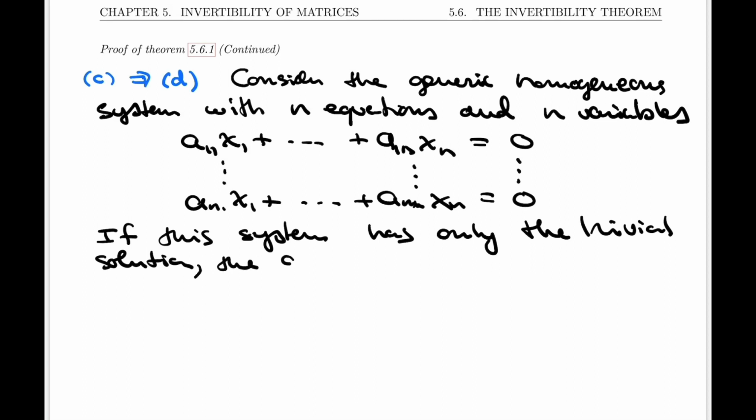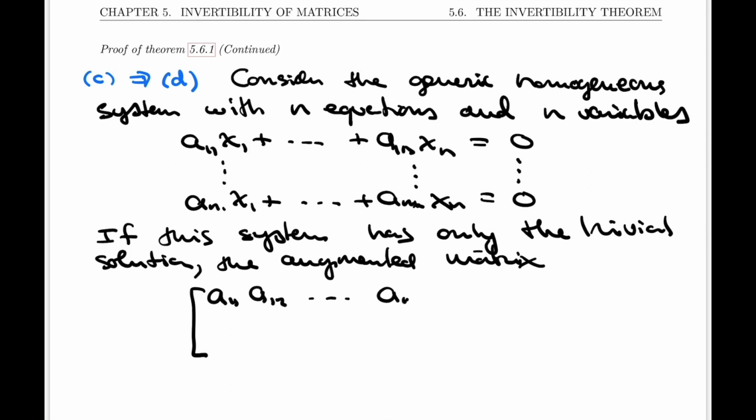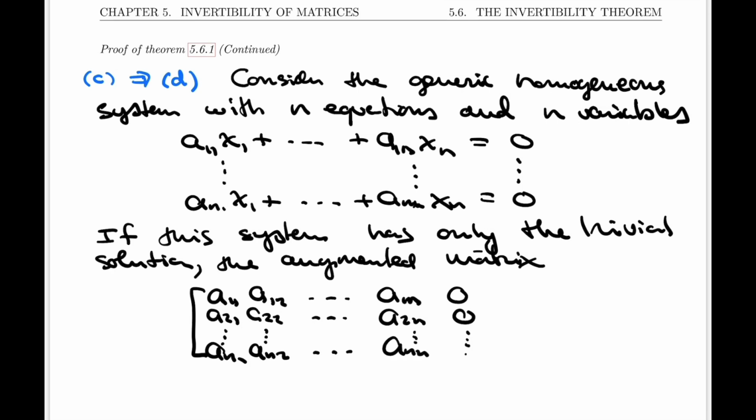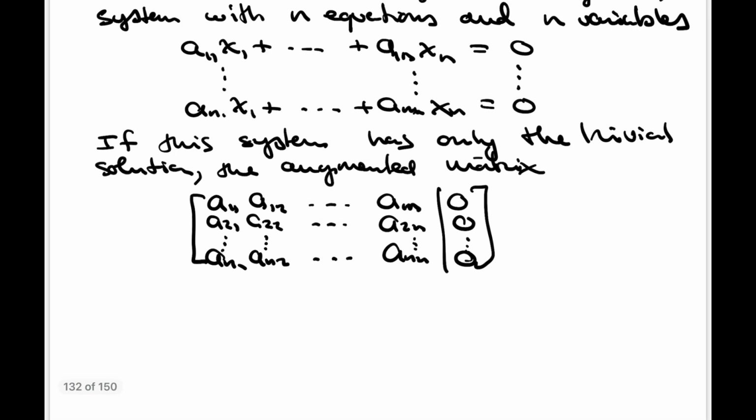So in that case, consider its augmented matrix, which will look something like this: a11, a12, a1n, and 0, a21, a22, a2n, 0, and the last row, an1, an2, ann, 0.